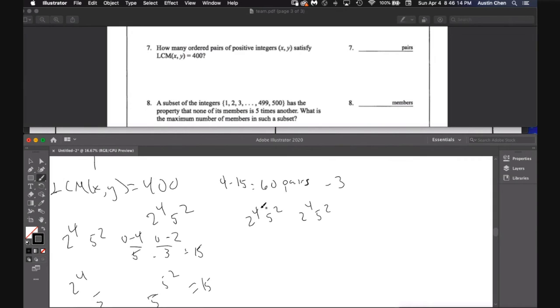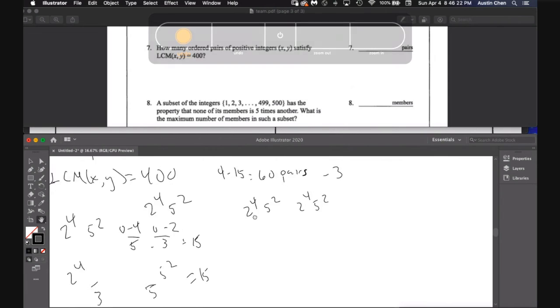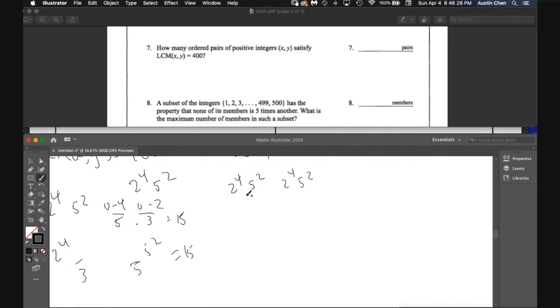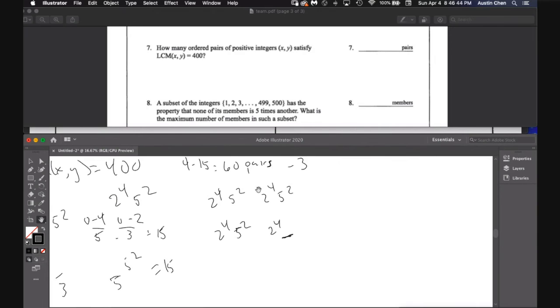So now we have to think of any other cases that we could have possibly overcounted. Well, let's think of the cases where both of the numbers have 2 to the 4, and then let's just say x has 5 squared for now, and then y has some factor of 5. Well, we're looking at a different case here from this case.